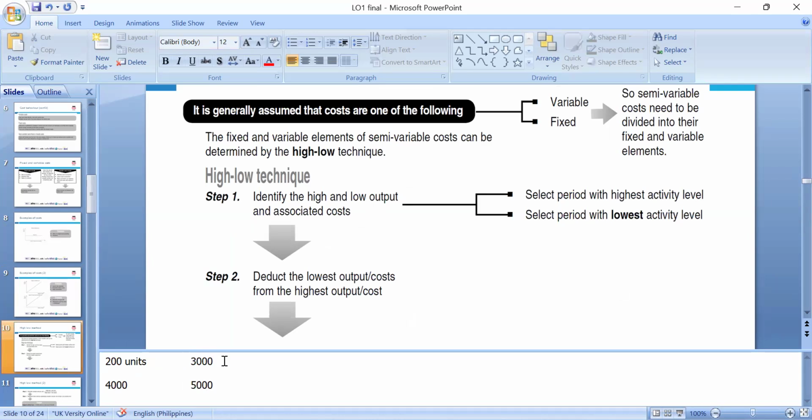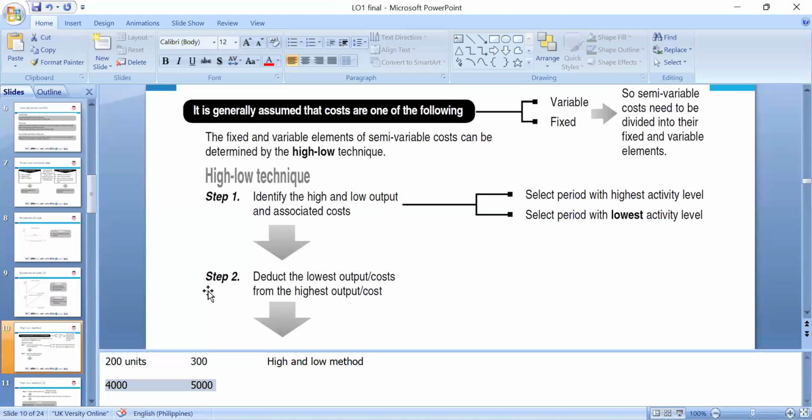Now we can use one method called the high-low method. We look at the difference between 300 minus 200, the difference between units is 100, and the difference between cost is 1,000. So we can divide it and find the per unit cost. That cost will be known as the variable cost. This is the high-low method.